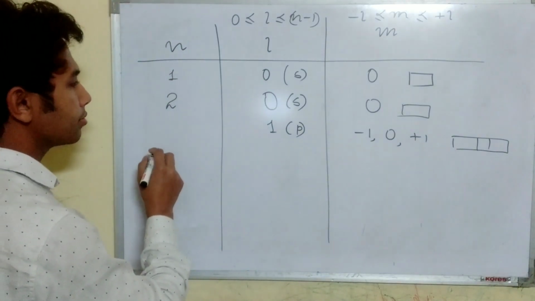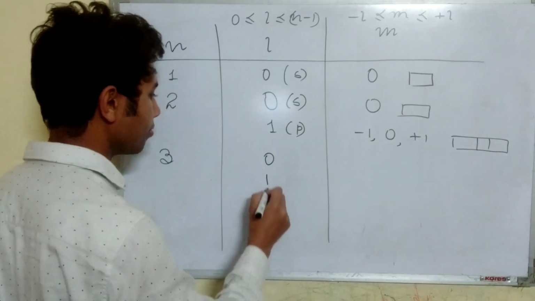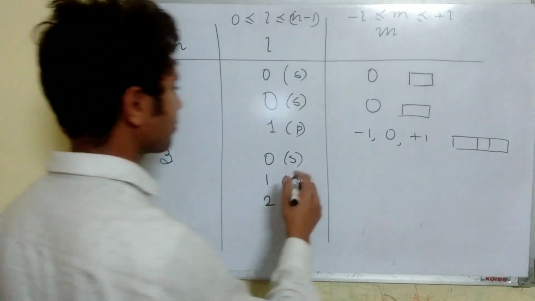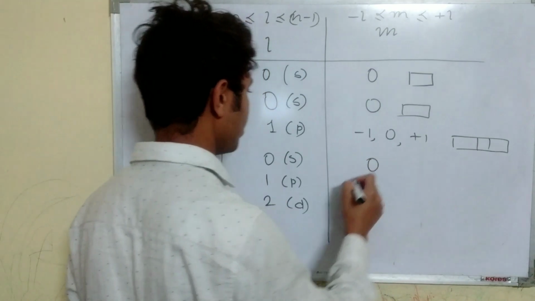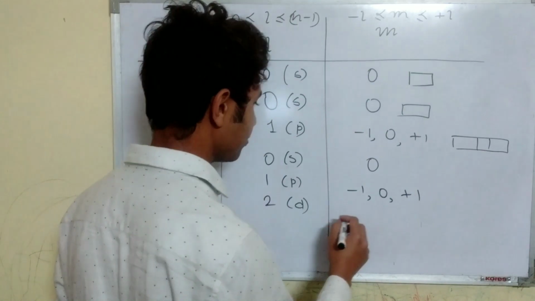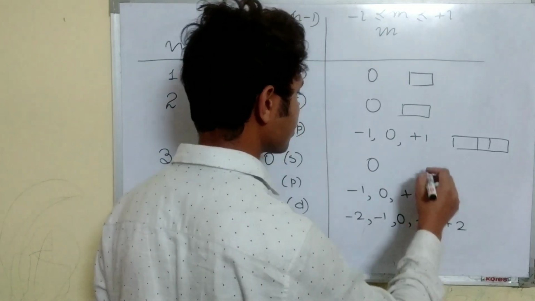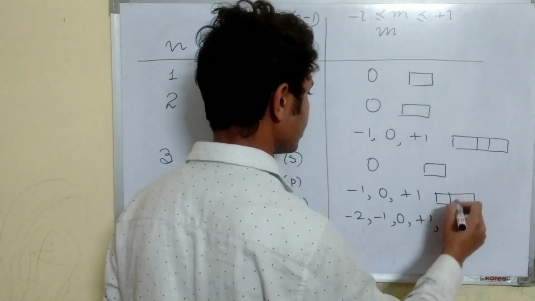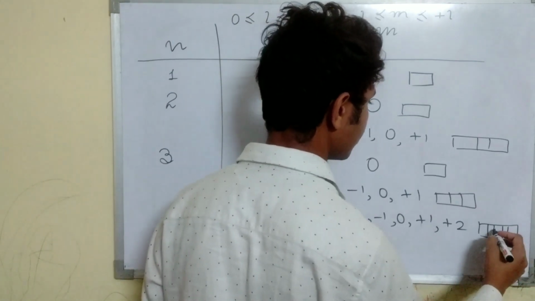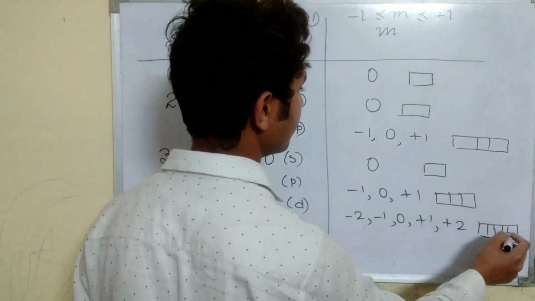For n is equal to 3, we will get the value of L is 0, 1 and 2. That is S, P and D. For S means only 1 orientation we will get. For P minus 1, 0, plus 1. For D minus 2, minus 1, 0, plus 1, plus 2. Means here only 1, here 3, here 5.